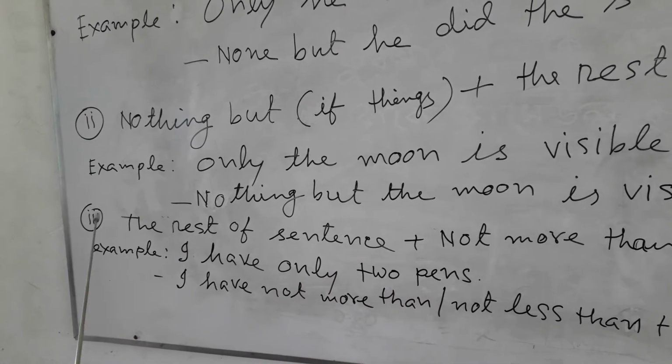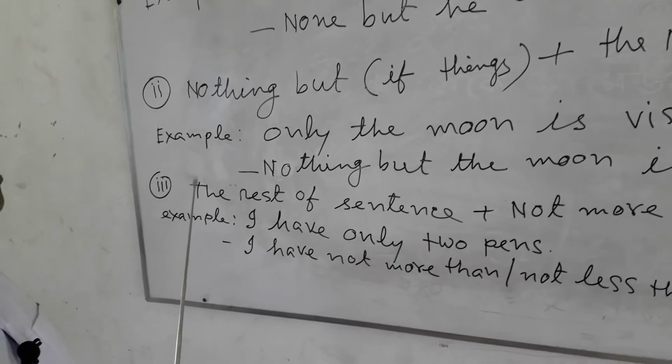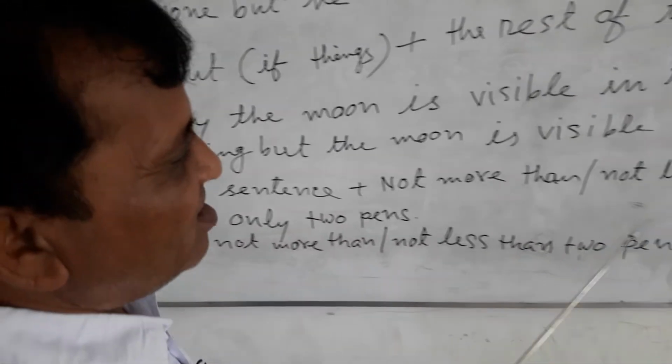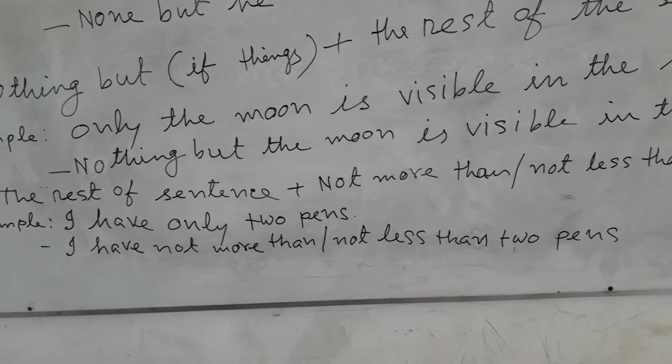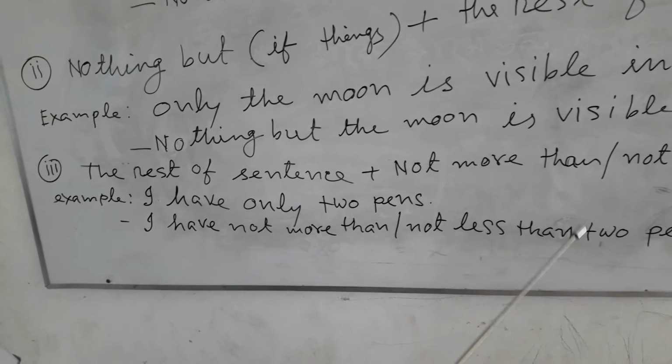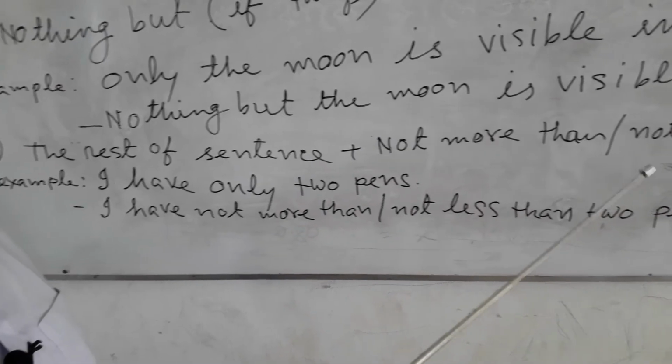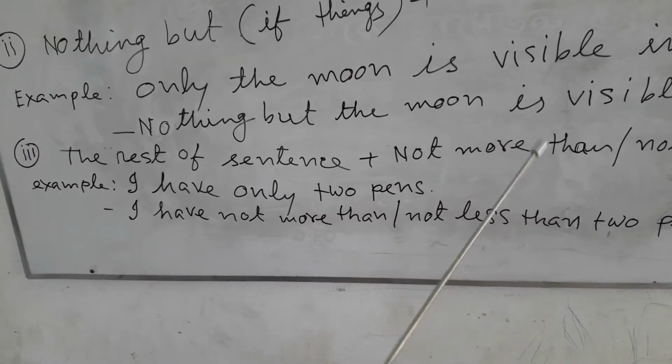The third item: if only or alone indicates number or age, we will use not more than or not less than in place of only or alone.